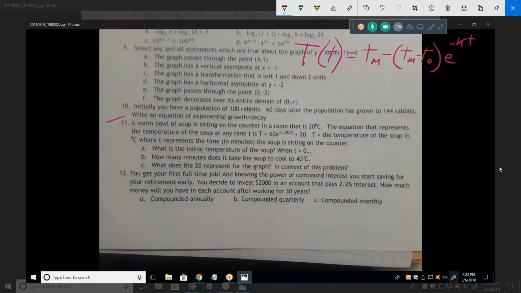So let's see. Sitting on the counter in a room that's 20 degrees. Is that T sub m or T sub o? T sub o, right? I don't think so. Wow, they gave it to us. I just didn't read far enough.